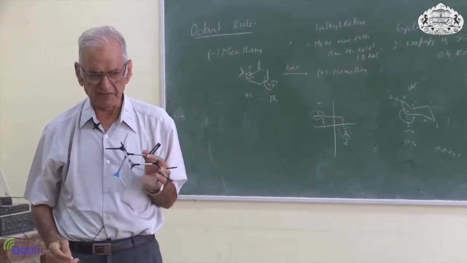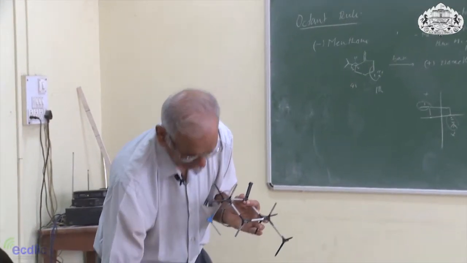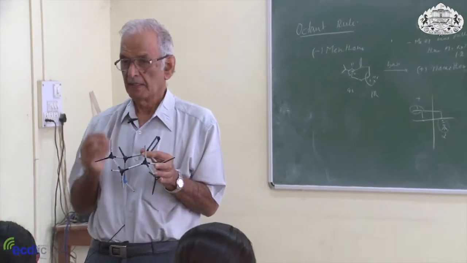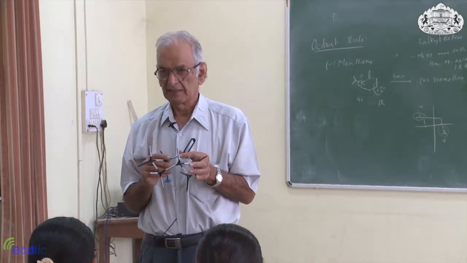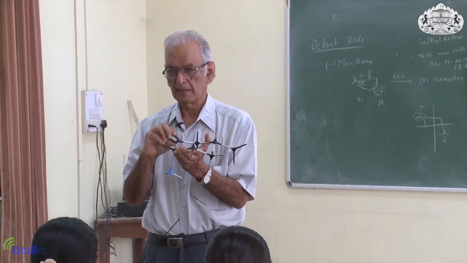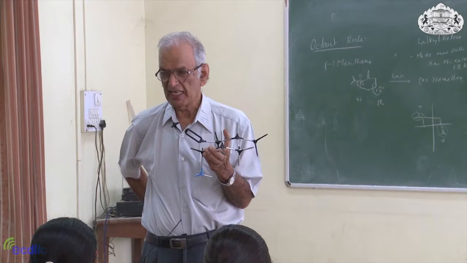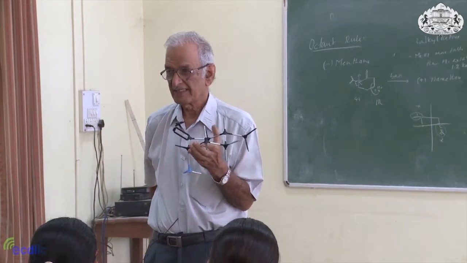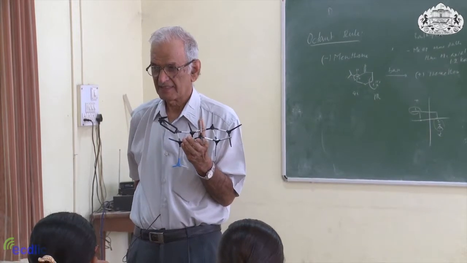Another question has been raised here. That question is, one has an alternative conformation possible. What is that alternative conformation? In a cyclohexane, the chair-boat energy difference is 5.5 kilocalories.